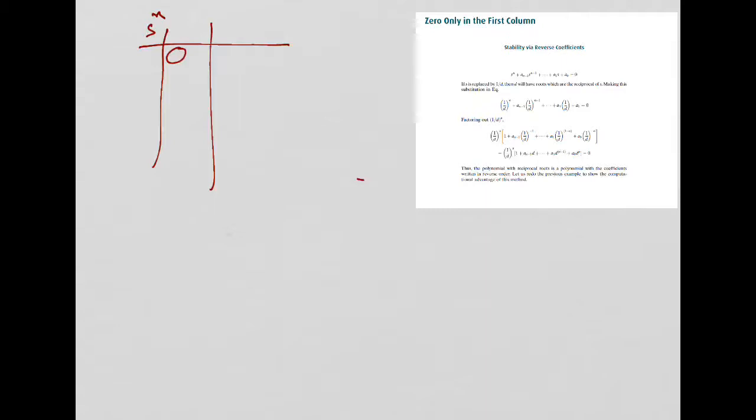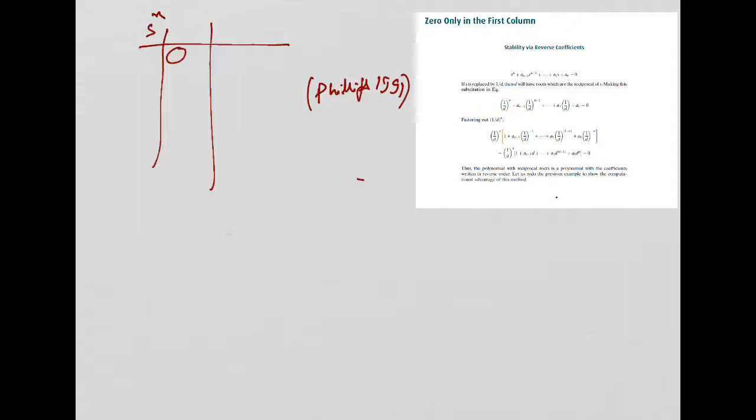This was already shown by Phillips in 1991, that is, the polynomial with the reciprocal roots is simply the original polynomial with its coefficients written in the reverse order.